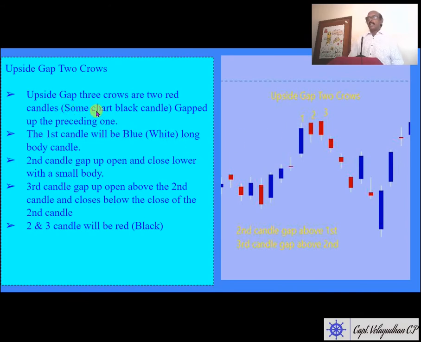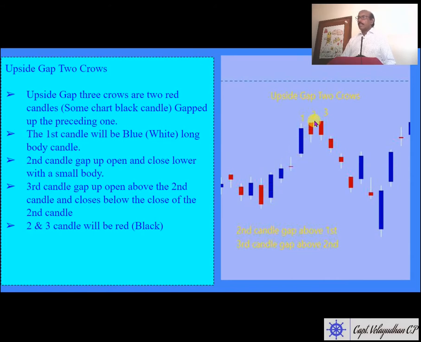Upside gap three crows. There are two or three red candles gapping up above the preceding candle. You see this was a bullish candle after an uptrend.